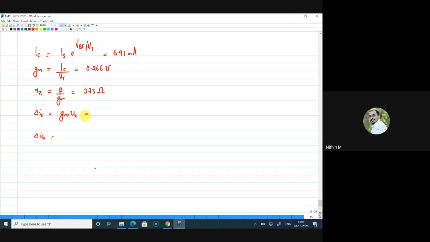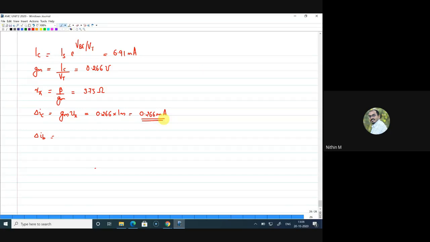So GM value is 0.266 into 1 millivolt, right? So 0.266 milliamps is the change in IC.